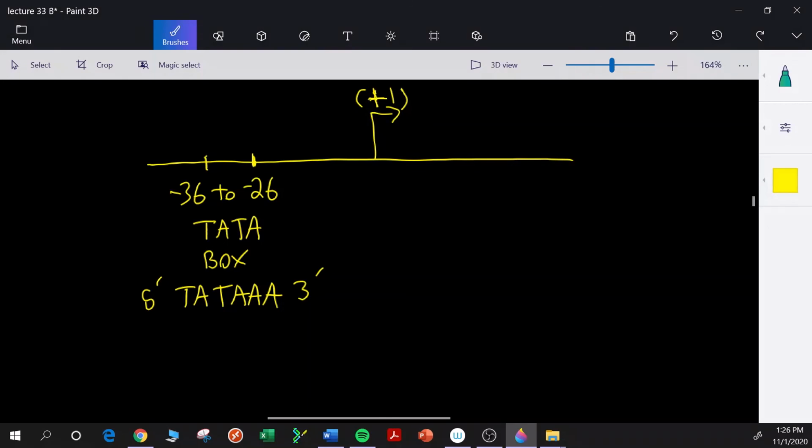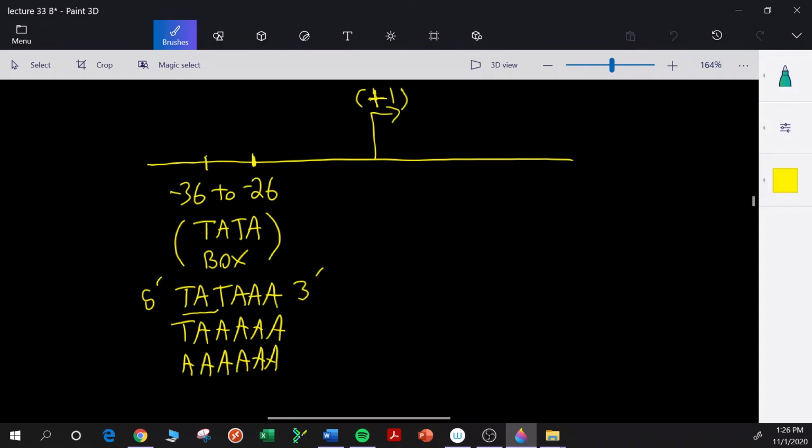If we look at most genes in the human genome or the genome of another eukaryote, and we count back -36 to -26 and look around that region, we should find a TATA box. The TATA box usually has this sequence, T, A, T, A, A, A. And sometimes we might see something like this, or maybe just A's.